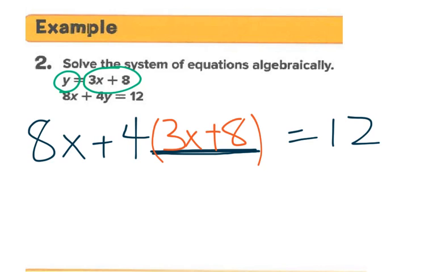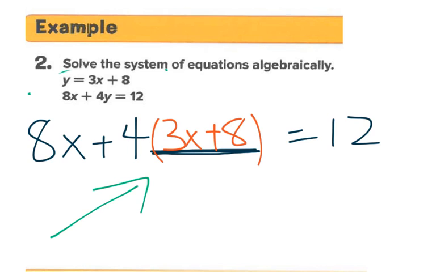And I'm always trying to get down to one variable. Notice in the second equation, there's two variables. There's x and there's y. But when I rewrite it, and I don't choose the y, I choose to write 3x plus 8, notice now that there's only one variable, that I don't have any more y's left.